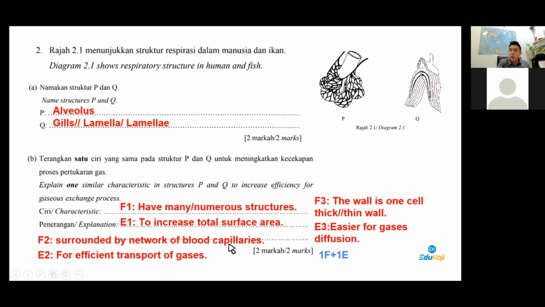If not, you can talk about blood capillaries. So the network of blood capillaries causes the transport of gases to be a lot more efficient. If not, the wall is one cell thick. Guys, normally I would recommend students to remember all in case they ask you in essay. So sometimes when we attempt trial paper, we must also bear in mind what if this question comes out in the form of essay.